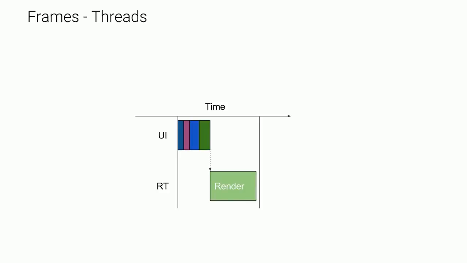In reality, we actually have 2 threads kicking in as of Lollipop, where we came out with a render thread technology, which we've talked about before, where we process all of the application space stuff going on. Those first 4 steps in the application space are on the UI thread. And then we have this separate thread that's actually handling the rendering.